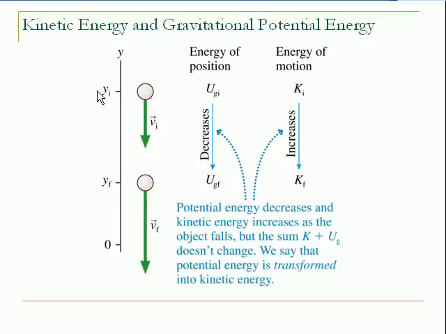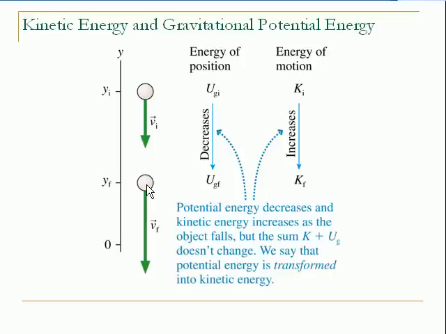So if I gave a height value to this guy up here, maybe it's 10 meters, now he's at the final later point in time at 5 meters, you'll certainly notice that the gravitational potential is getting smaller. So this is initially, and then a later point in time, we have less gravitational potential energy at this later point in time. Now energy has to be conserved, so the total has to remain the same.